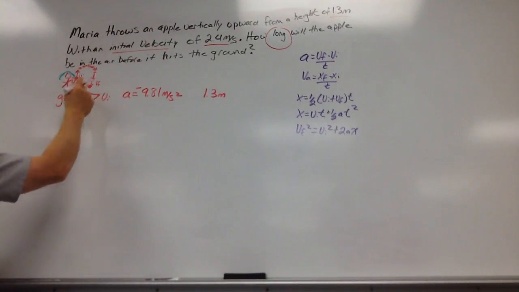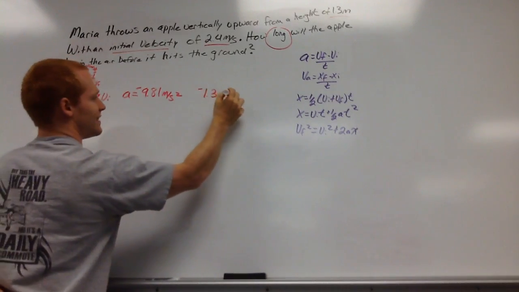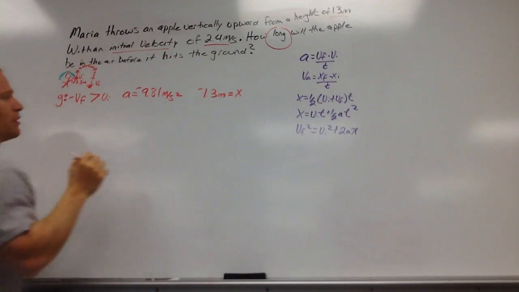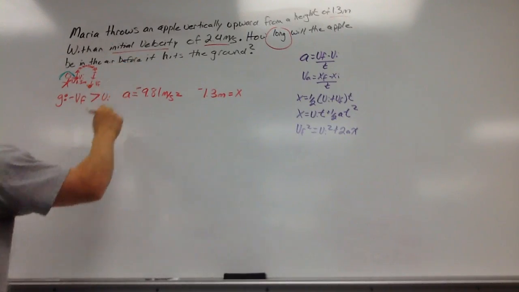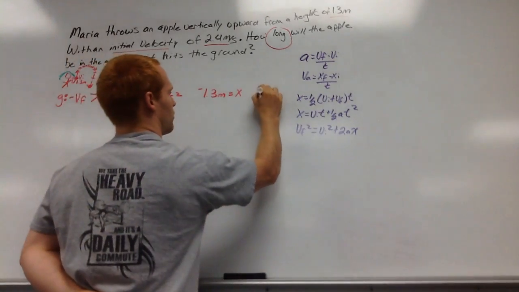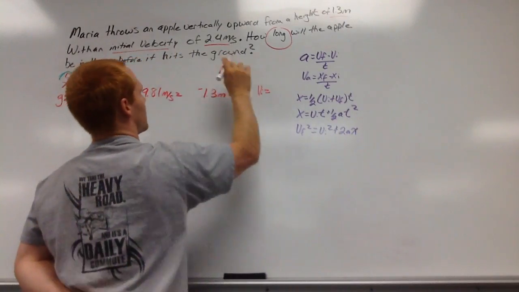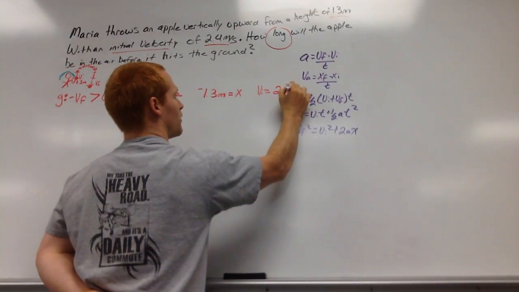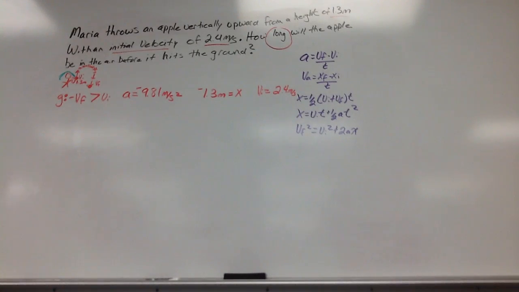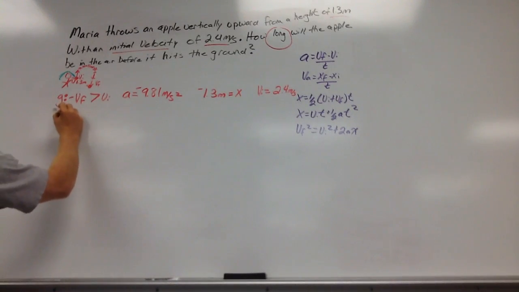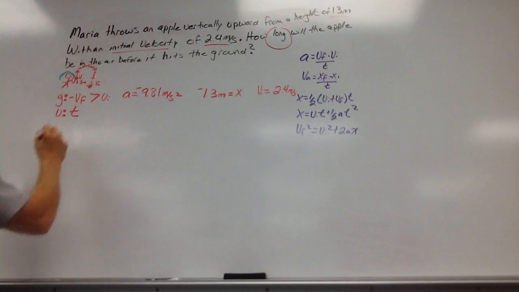Notice it went down, so it is negative 1.3 meters for x. We also have an initial velocity, so a VI, and it is positive, so it's 2.4 meters per second. She didn't throw it downward, she threw it upward. Our unknown, we are actually going to be looking for time.